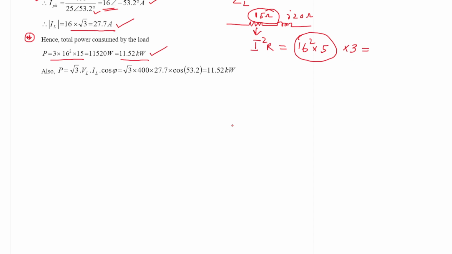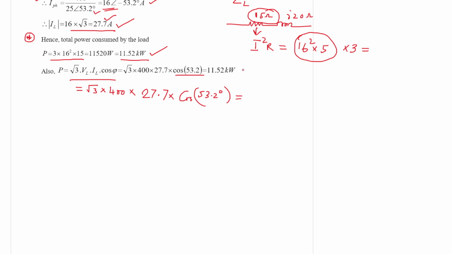The second approach uses the formula root 3 VL IL cos phi. VL is 400 volt. IL we have evaluated as 27.7, and cos 53.2 degree is the power factor angle which we evaluated.